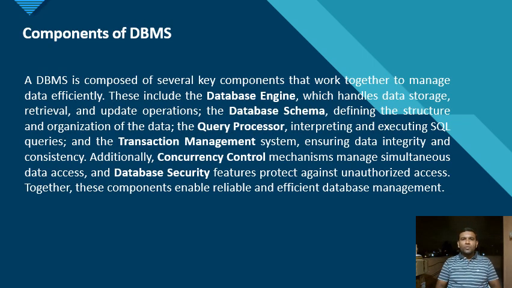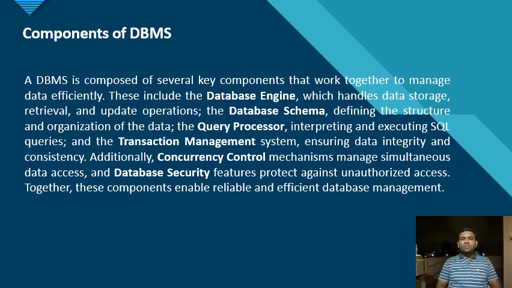What are the components of DBMS? DBMS is composed of several key components that work together to manage data efficiently. These include the database engine, which handles data storage, retrieval and update operations; the database schema, defining the structure and organization of the data; the query processor, interpreting and executing SQL queries; and the transaction management system, ensuring data integrity and consistency.